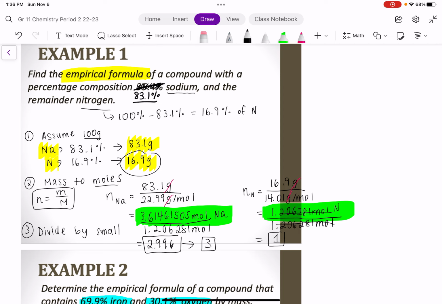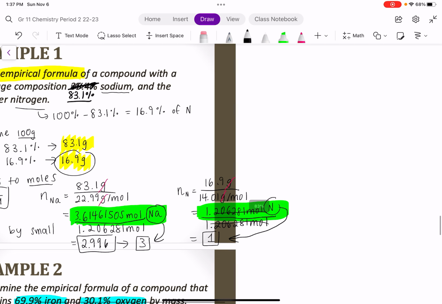So when you divide by small and you end up with a decimal number that is super close to a whole number, for example 2.98, or 2.95, or even 3.002, we are supposed to round to the nearest whole number. So what this is telling me is that there are 3 sodiums for every 1 nitrogen.